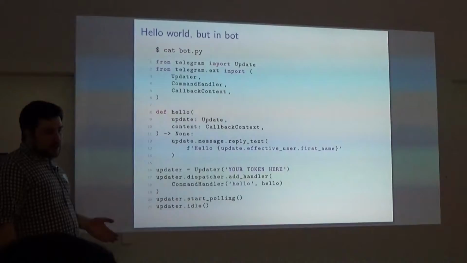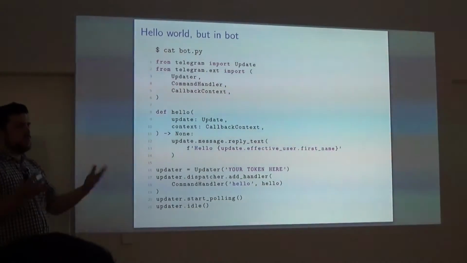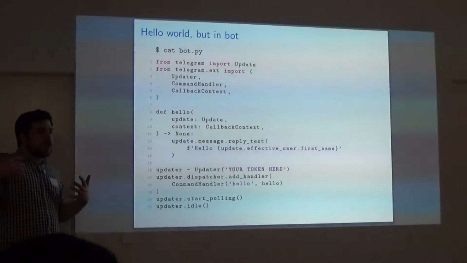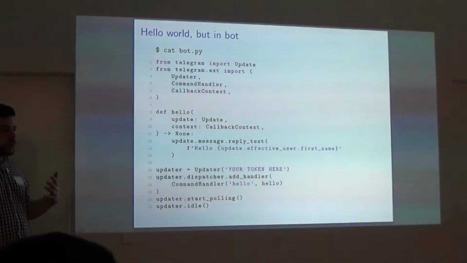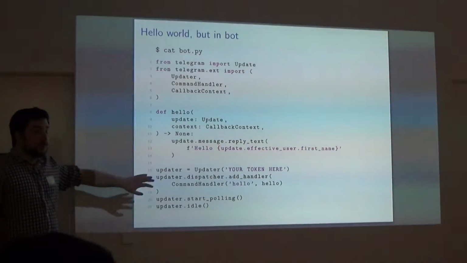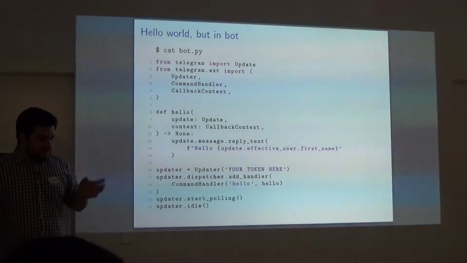And then we have the updater, which is the built-in server of this library, which will take your API key and run in the background waiting for messages, like polling the API to see if there are new messages. And yeah, we then just add the handler for this function, and then we start polling and we idle.